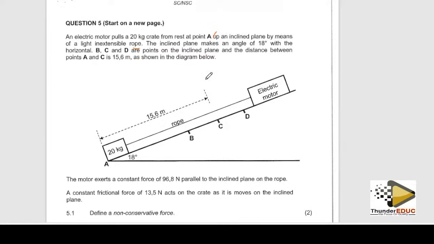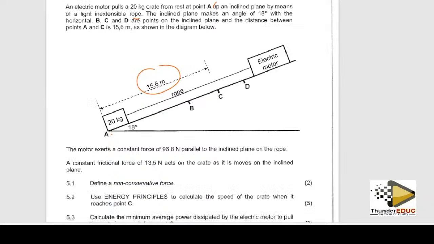We have B, C, and D as points on the incline, and the distance between A and C is 15.6. Then the motor exerts a force. Okay, this is important. So the force applied is 96.8. And then there's a frictional force of 13.5. It's constant.